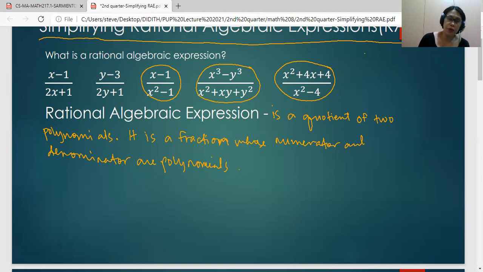For example, with x minus 1 all over x squared minus 1, x minus 1 here, class, is like a prime number. If it's a prime number, then its factors are the number itself and 1. So we will just rewrite x minus 1 here and factor out the denominator.